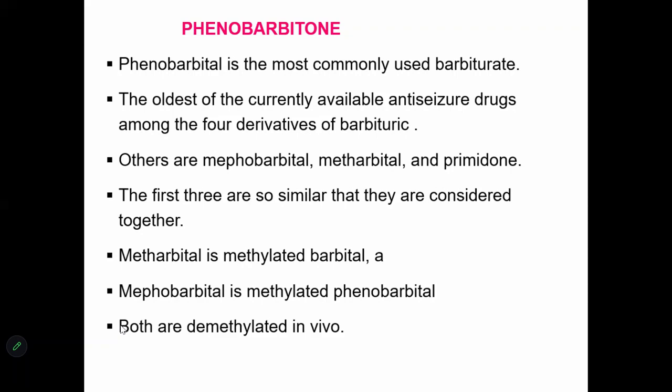Others are methylbarbital, mephobarbital, and primidone. Primidone, as I told you earlier, is already abolished. It's no longer in use. Mephobarbital is methylated. Phenobarbital is also methylated, but both of them are demethylated when used in vivo. In vivo is in the human body.